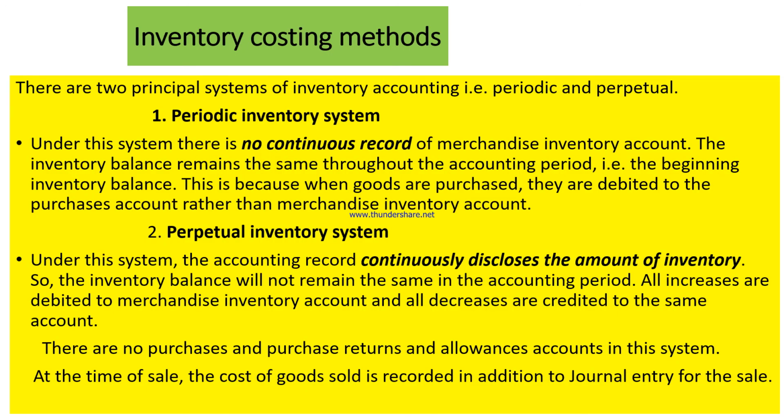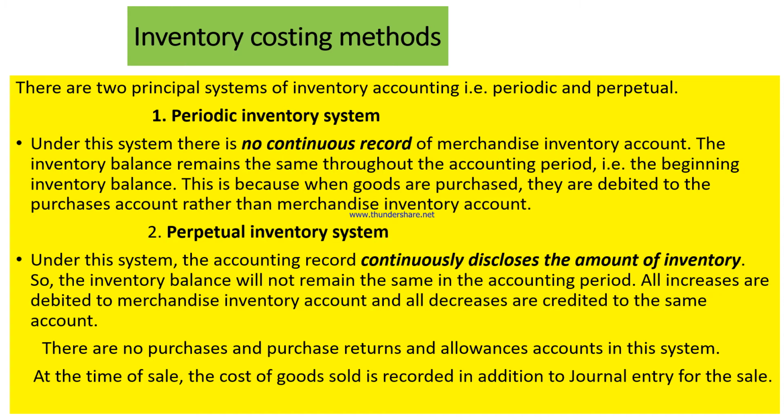The next point is about inventory costing methods. To identify the cost of inventory, there are two main common systems. The first one is the periodic inventory system. Under this system, there is no continuous record of the merchandise inventory account.